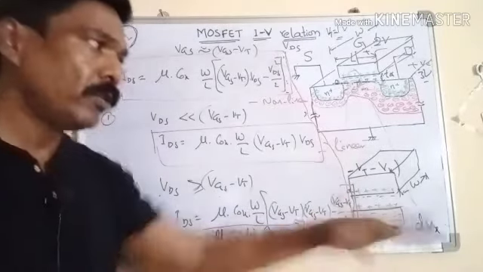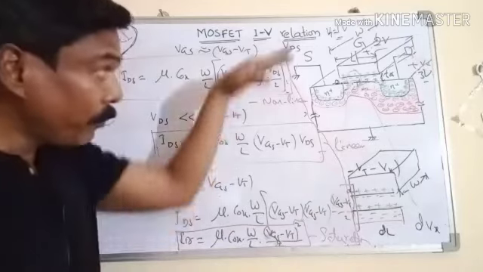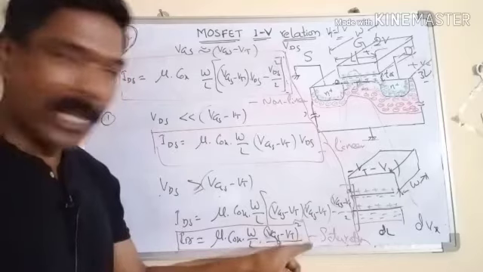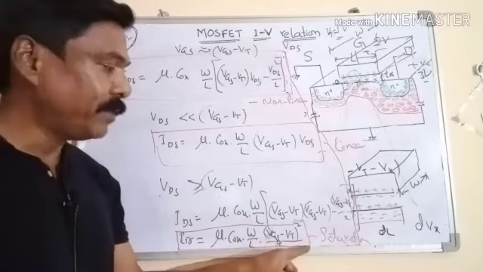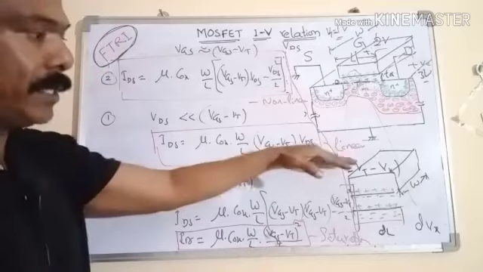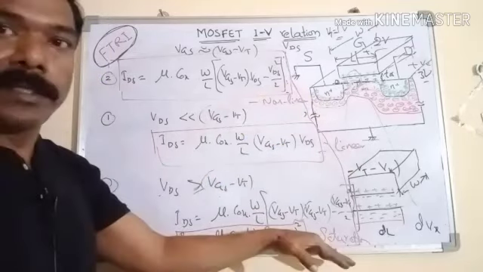Those are the second order terms. But for this long channel approximation, the current should ideally be saturated. After VGS minus VT, the current will not depend upon VDS. There are three regions: linear region, non-linear region, saturation region.